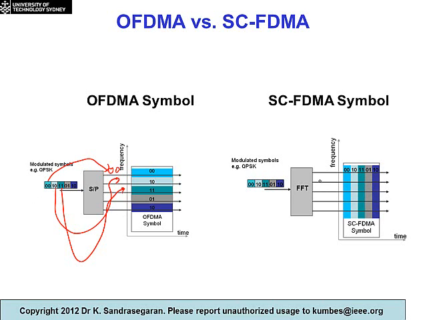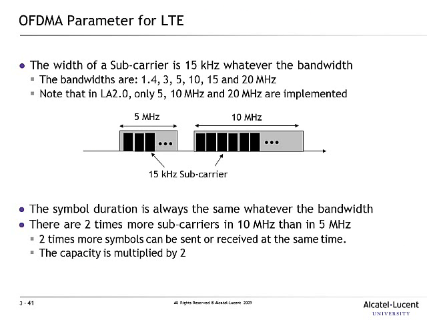In the case of single carrier FDMA, we don't do this serial to parallel conversion. We just apply the FFT on. We can have 5 megahertz, we can have 10 megahertz, and so forth. And the number of subcarriers, remember, subcarriers is what we allocate to users, actually groups of subcarriers.